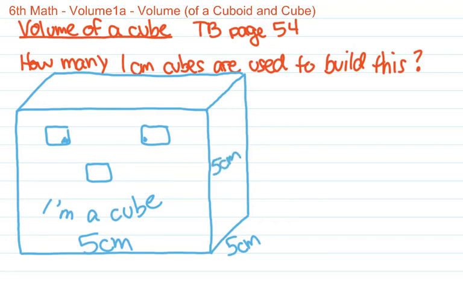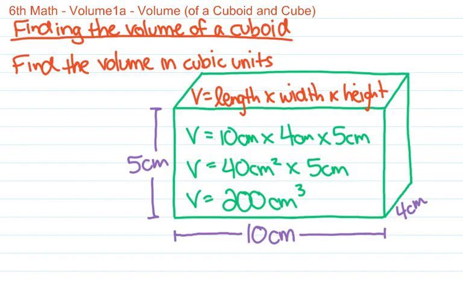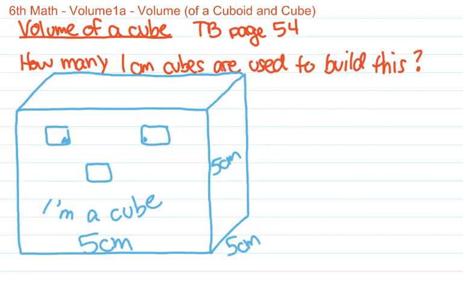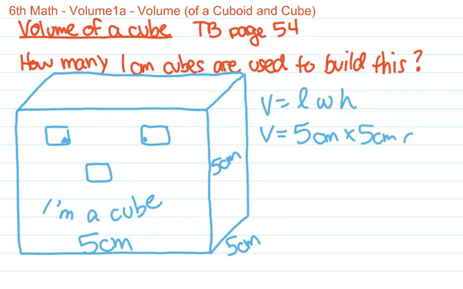So going back to the very first idea of the volume of a cuboid, well, a cube is a cuboid. A cuboid is not a cube. So a cube is a special type of cuboid, one in which all 3 sides are the same length. So the volume is length times width times height, and the volume is 5 centimeters times 5 centimeters times 5 centimeters.